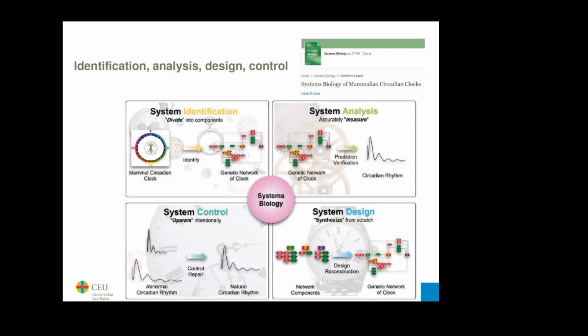The first one is system analysis, which is used to predict what will happen if I do this. The other one is system identification. System identification is the opposite: given the data, which are the parameters and which is the structure of the system.